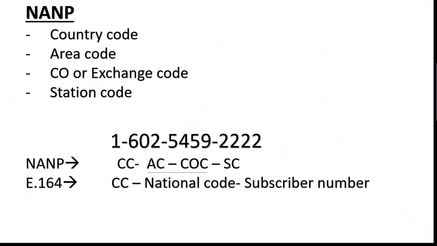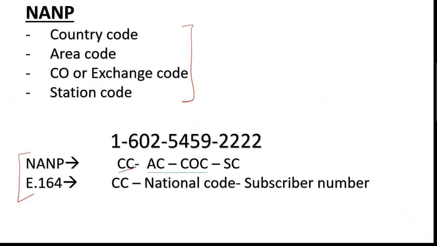In NANP, there is a segregation of the numbers into different codes. There is country code, area code, central office or exchange code, and station code, which is based on the E.164 standard only, but it is more segregated in this form in NANP.